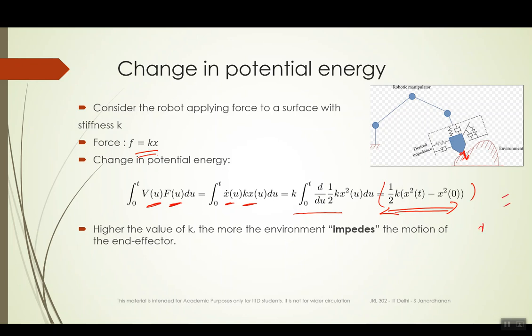If you want the same x(t) starting from x(0), as k increases, the amount of energy required to do that action also increases, which means that the higher the value of k, the more the environment is impeding the motion of the end effector.